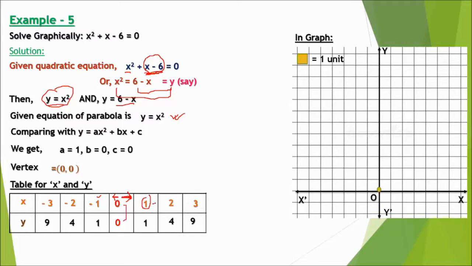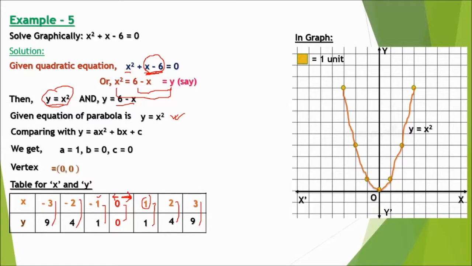Then we plot 1 comma 1, you can see with the yellow dot here, then minus 1, 1, and 2, 4, and minus 2, 4, and 3, 9, and minus 3, 9. So let's join with the help of freehand. In this way you can join, and this is the parabola y equal to x square.